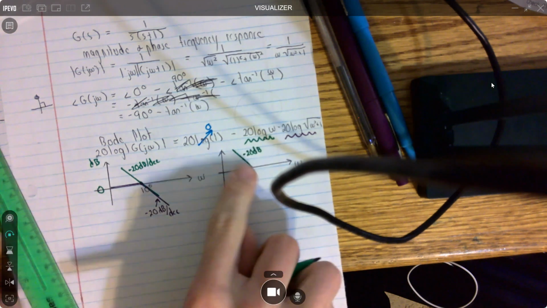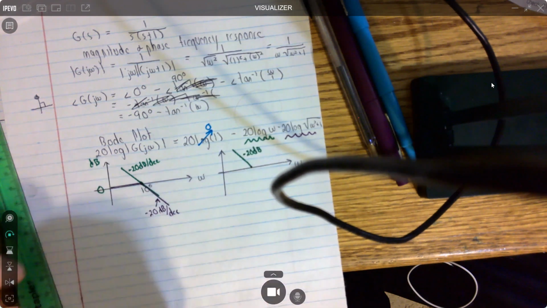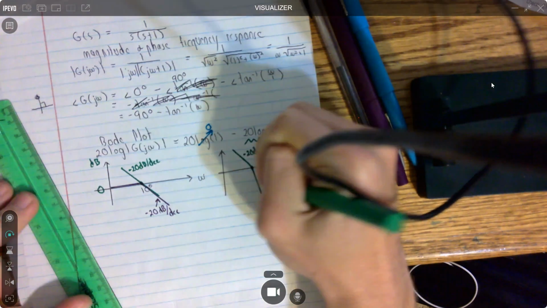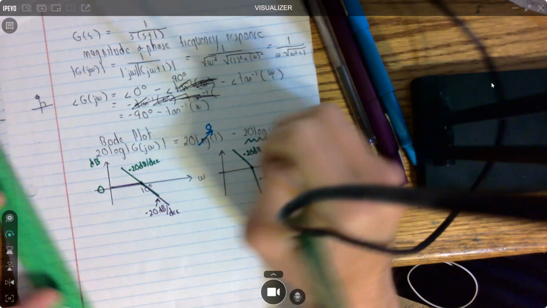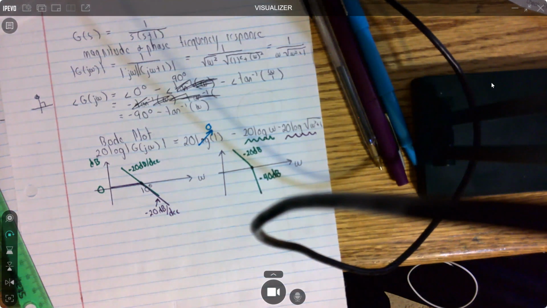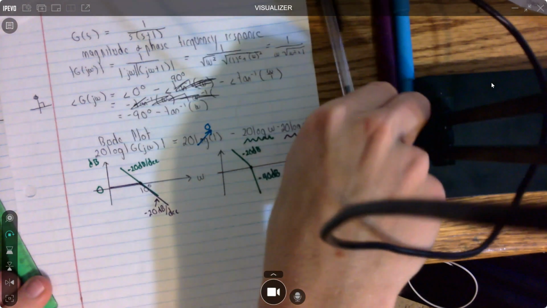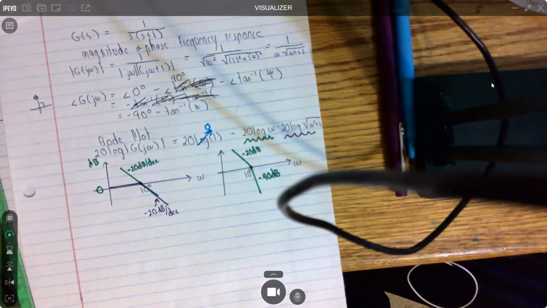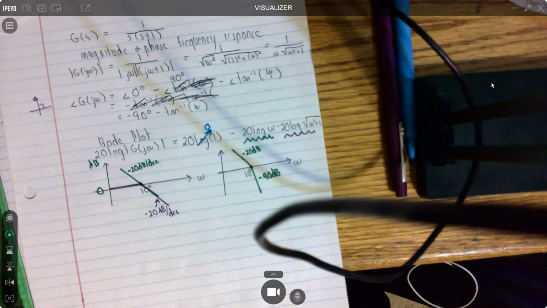And then if you add negative 20 dB with negative 20 dB, you're going to get negative 40 dB. So that would be your resulting plot. And this would be the intercept at 10 to the 0, which is just omega equals 1, because that's the cutoff frequency. Now, we're going to have to graph the phase plot.